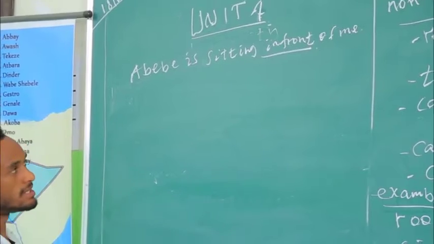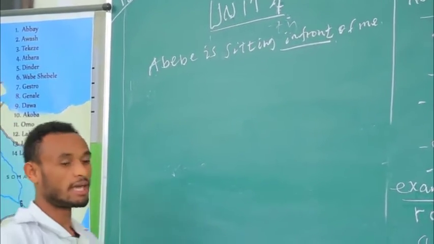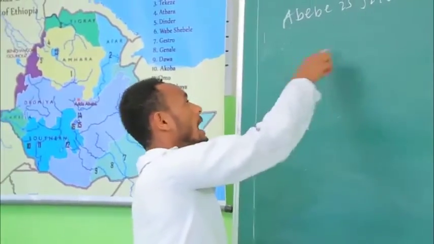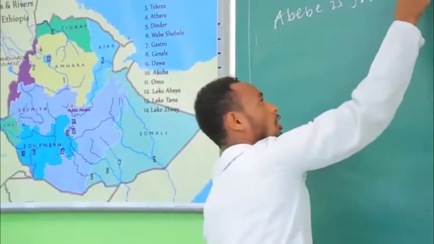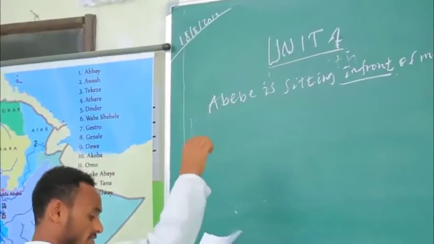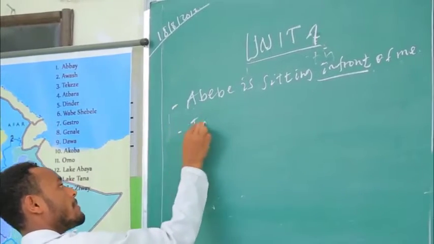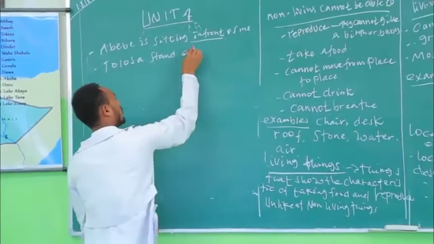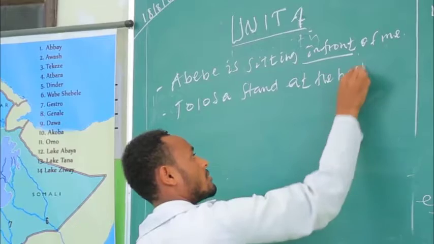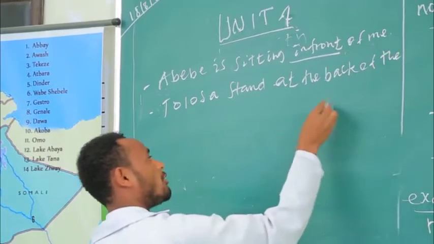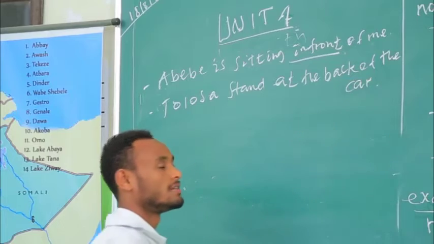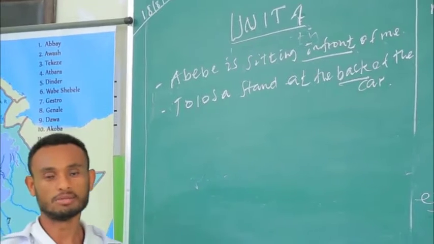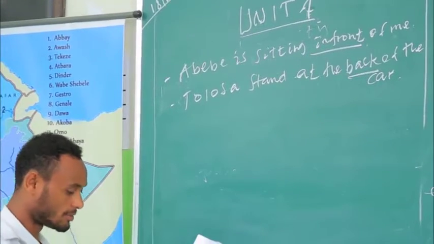You see, students, this is the way by which we locate or describe a given object. So a baby is sitting in front of me. The second one is, for example, Tolosa stands at the back of the car. This is the way by which we locate a given object.